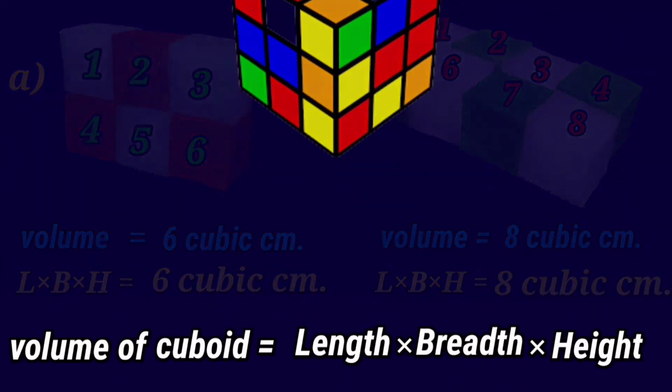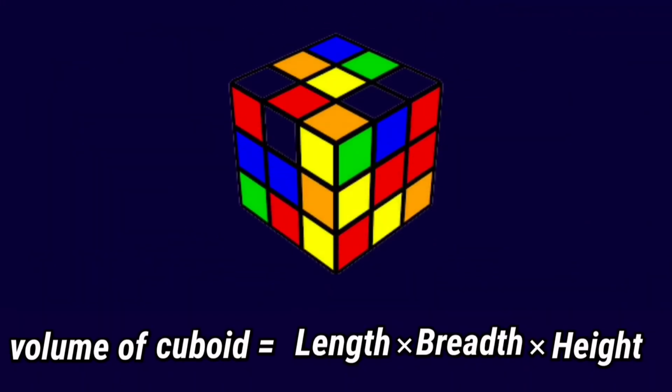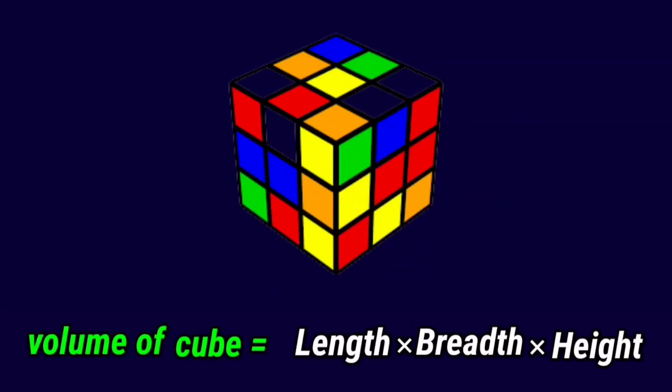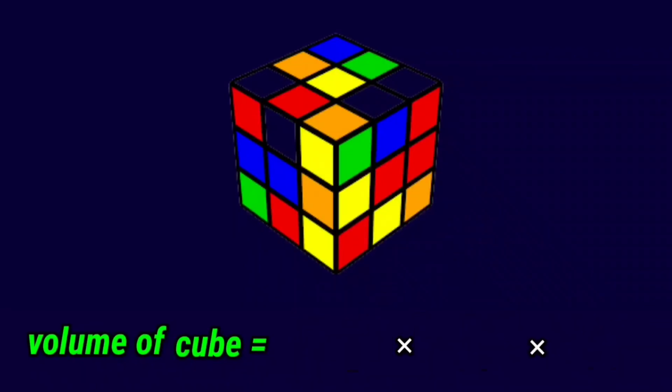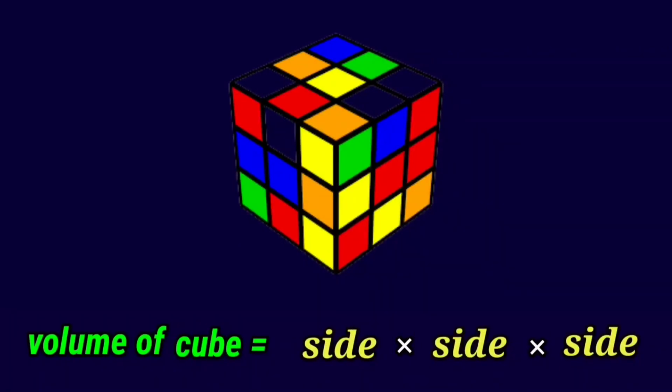A cuboid having equal length, breadth and height is called a cube. So while finding the volume of a cube, we'll write side in place of length, breadth and height. So volume of cube is equal to side multiplied by side multiplied by side.